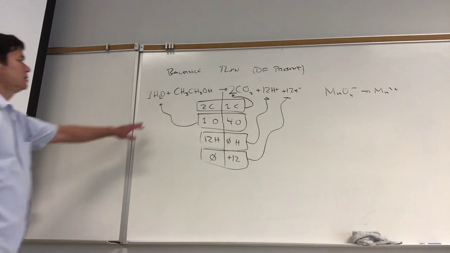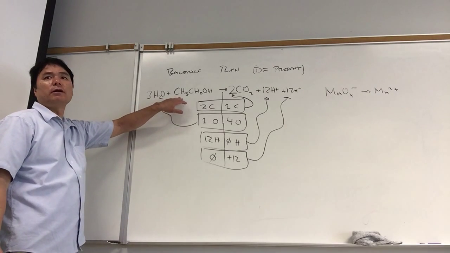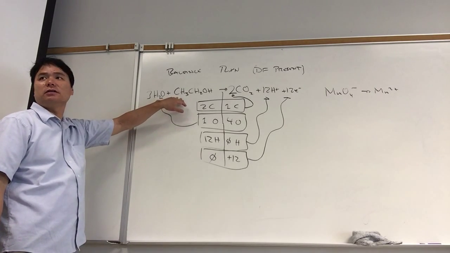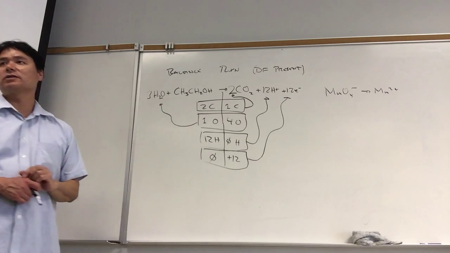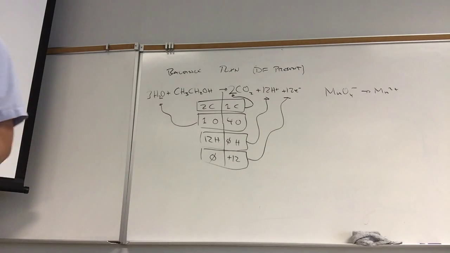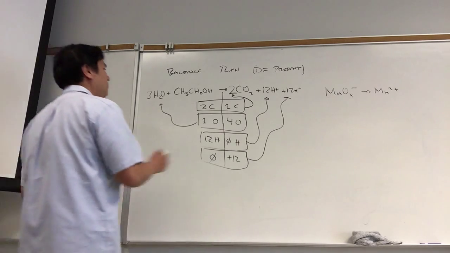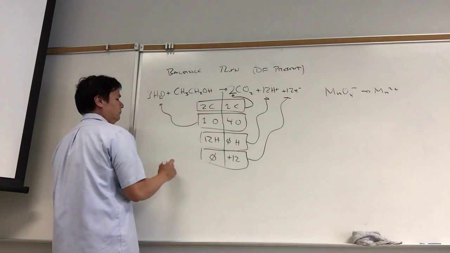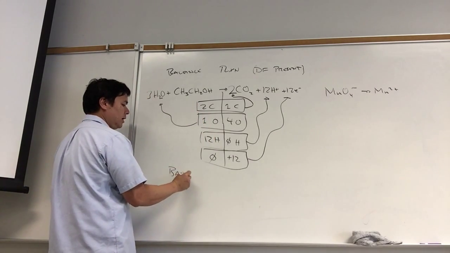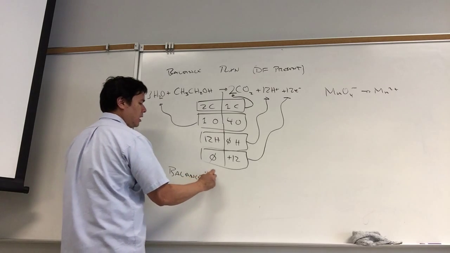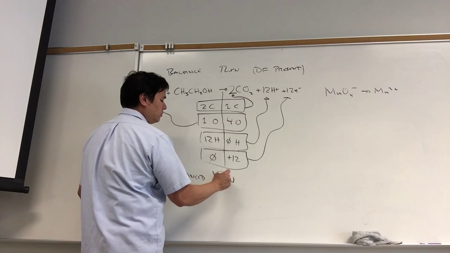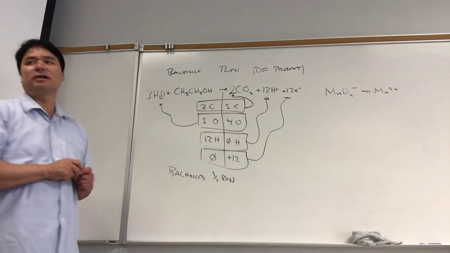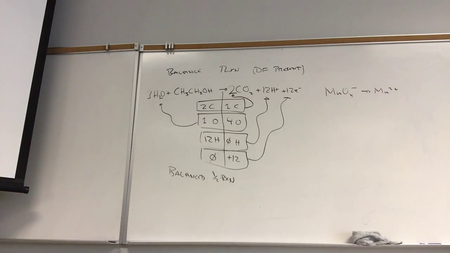Do you know what we call this here at the top? We call this a balanced half reaction, or balanced redox half reaction. Does somebody know why they call it a half reaction rather than a full reaction?